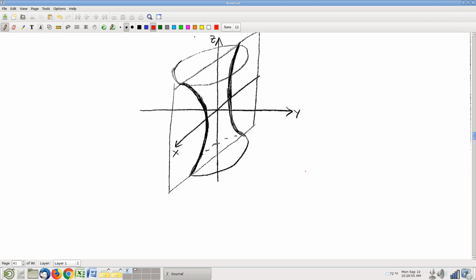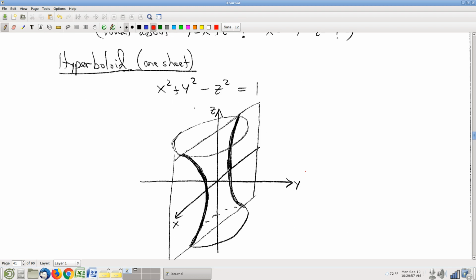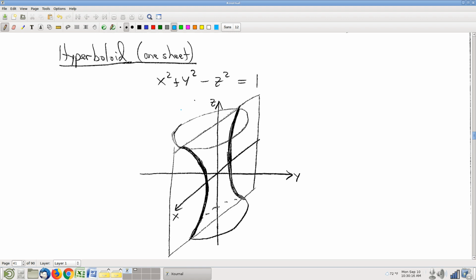Okay, hyperboloid. Now I'm going to work this example out for reasons that I'll explain in just a moment. But you can see right away this is going to be susceptible to the same kind of argument. Look what we have here. X and y appear only in the special form. So we know that this is rotationally symmetric around the z-axis. So I arbitrarily pick a plane.